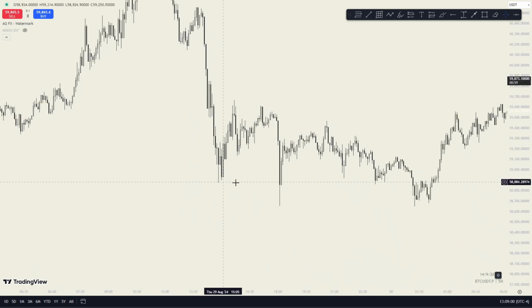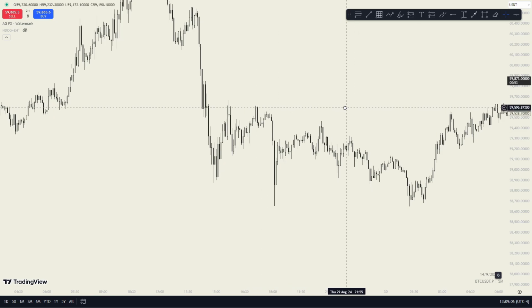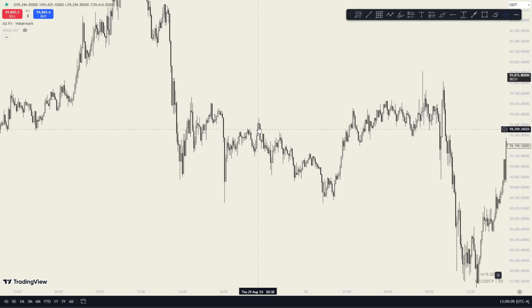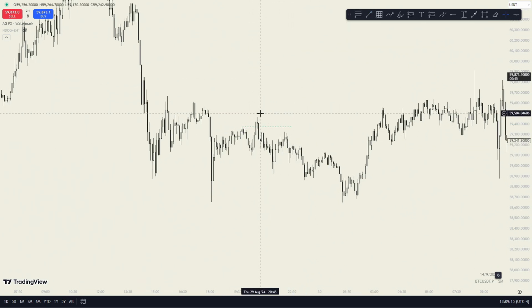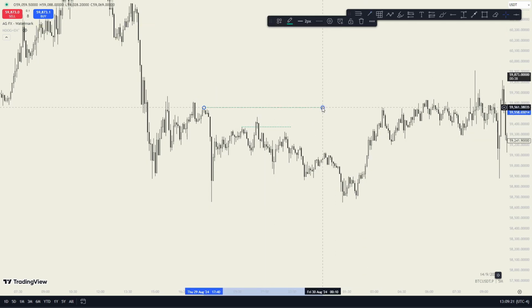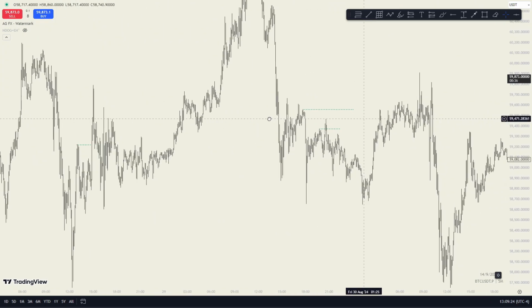Here we see we closed, so this high is responsible for the break of this low. This high stood protected. Here you might think that this was a flip, but this is internal structure. The actual high that we need to take is this one for a flip to be created.